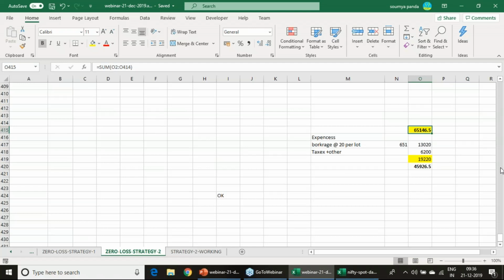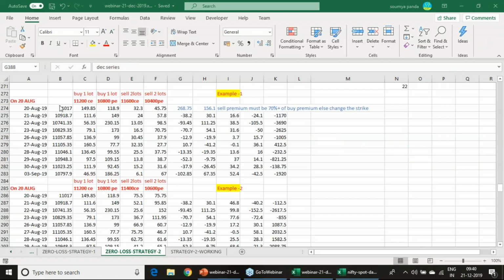In between there are critical months like election months; you can avoid those central election times, 1 or 2 months, but that is also added here. I have also given very high estimates of brokerages and taxes. Still, it gives you a great profit of 45,926. Carefully look into this.